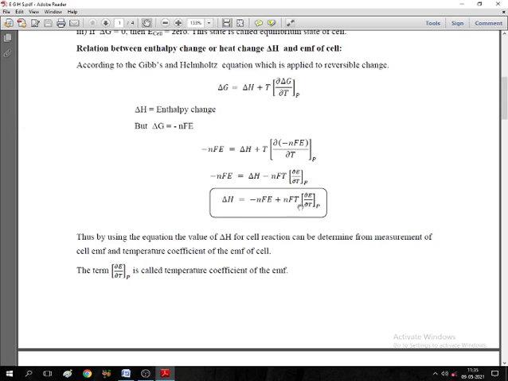T is the temperature at which the cell is operating, F is the Faraday, and n is the number of electrons exchanged during the process. In this way it gives the relation between enthalpy change and that of the EMF.